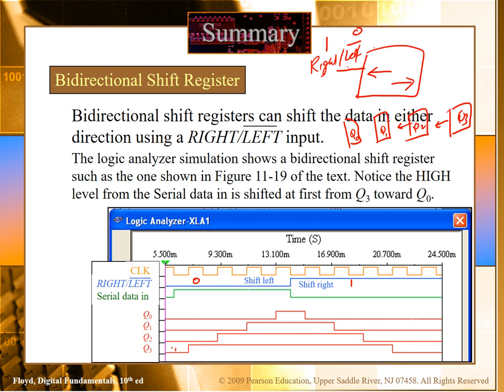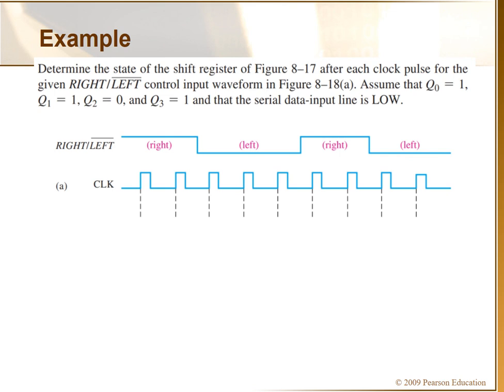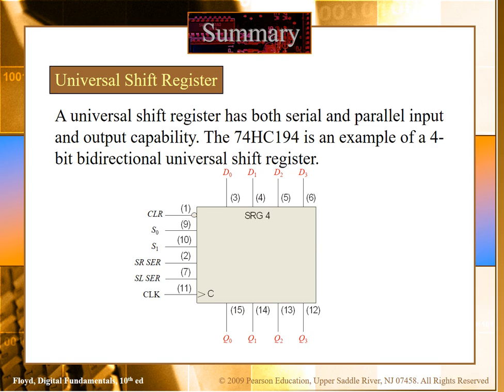So this is 0; at the next edge of the clock 0 is shifted towards Q2, at the next edge to Q1, and at the next edge 0 is shifted to Q0. For shift right, if the serial data is 1, it will be 1, and then it will shift towards the right side at each edge of the clock. So this is shift right and shift left. Example, we will solve this in the live session.